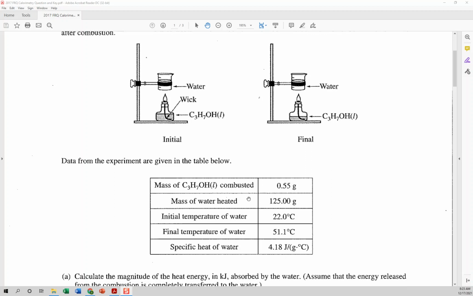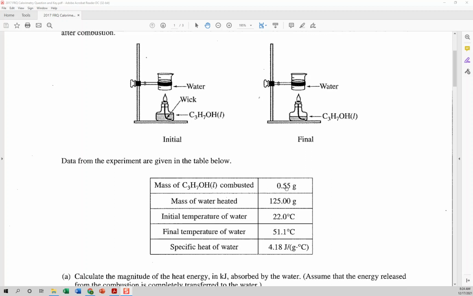So if you remember from our practice problems last class, when we mixed a solid in water and it dissolved, or we mixed two solutions together and they mixed with each other, the total mass we plugged into the Q equals MCΔT calculation was the sum of the two masses combined. But understand, we're not doing that here.